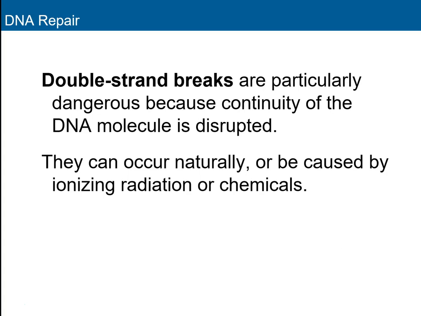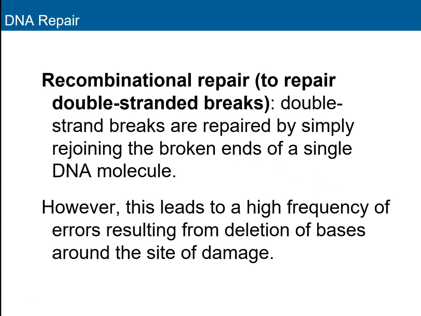They're particularly dangerous because the continuity of the DNA molecule is disrupted, but these happen. They can occur naturally or be caused by radiation or chemicals. So there is a specific mechanism. For repair of double-stranded breaks, you should be writing in recombinational repair. Recombinational repair is a mechanism to repair double-stranded breaks.